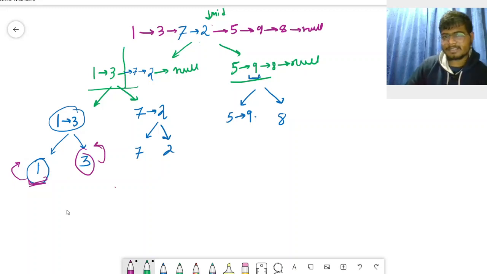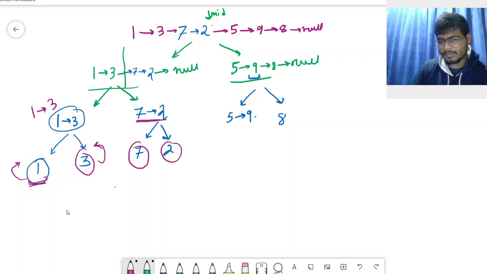So what do we do when we have two sorted arrays? We merge them, and when we merge them we get this value. Now even 7 will say I'm sorted, 2 will say I'm sorted, and at the point where the call was made, it will merge the two sorted arrays. Then it will become this.